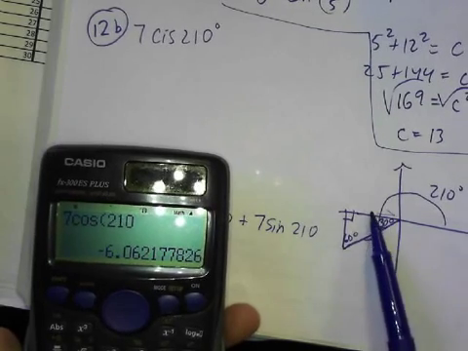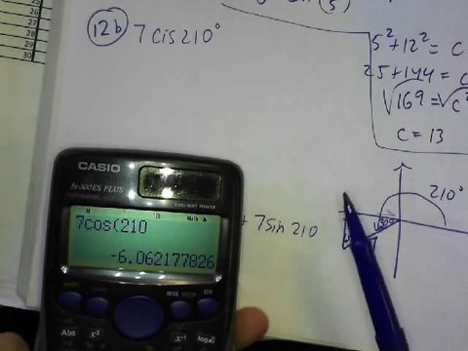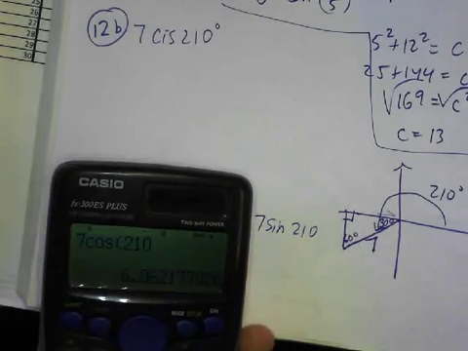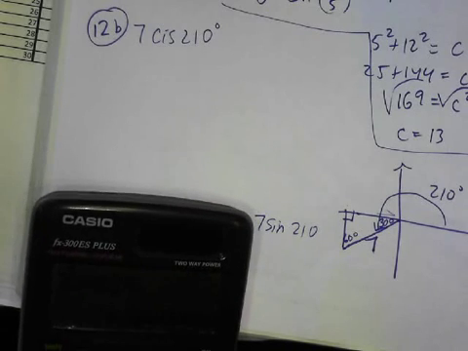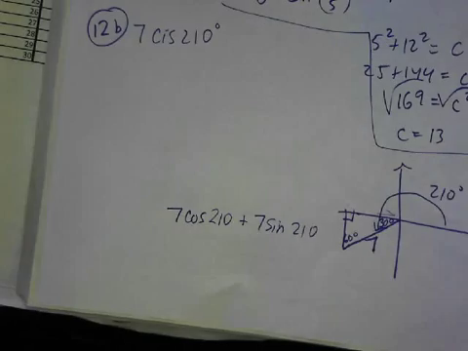So actually I do want it to be negative. So my calculator knows just by the angle measure that I put in that this is negative 6.06. We're going to call it negative 6.06, I think.